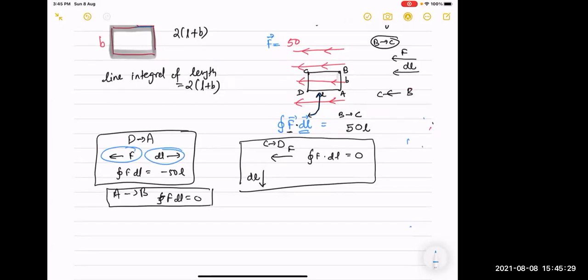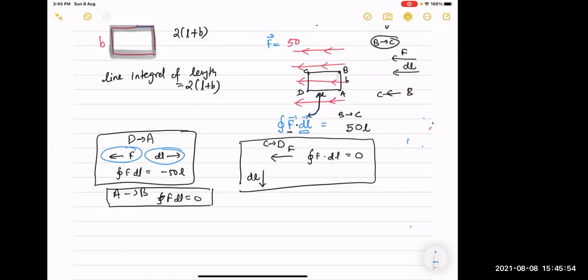And the black is the loop which you are considering, on which you are doing this line integral. So line integral is not of the field alone, it is of the field on some loop.